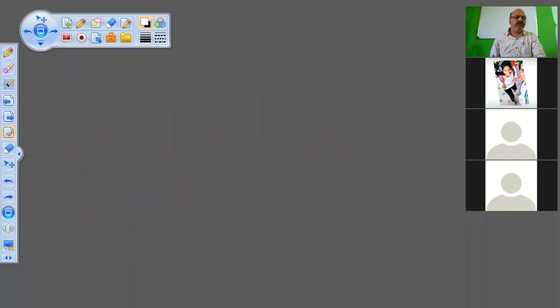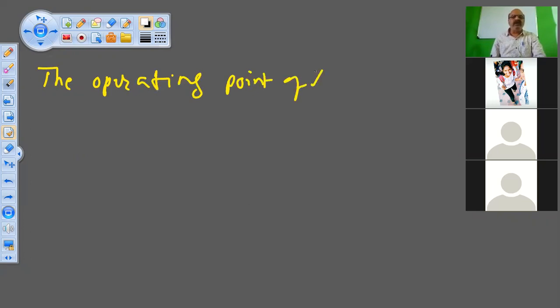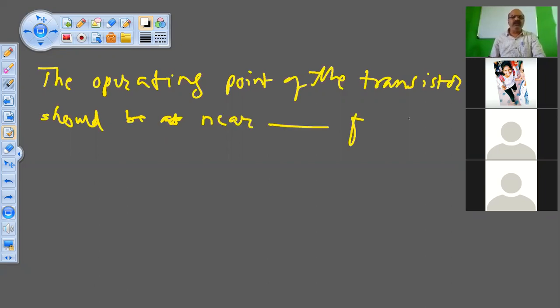Next question is: the operating point of the transistor should be near dash for better stabilization.